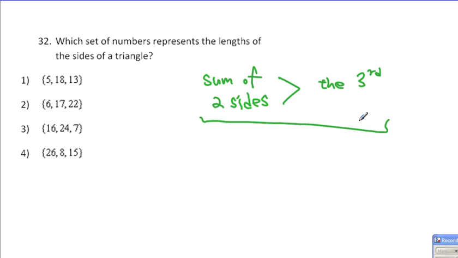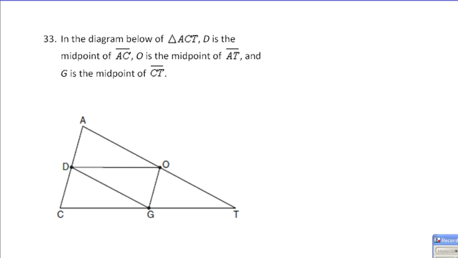In this case, when you add up these two, that's equal to 18, therefore that's not correct. In this case, when you add up these two, that's less than 24, which is also not possible. So is this one. So the only possible answer will be choice number 3.